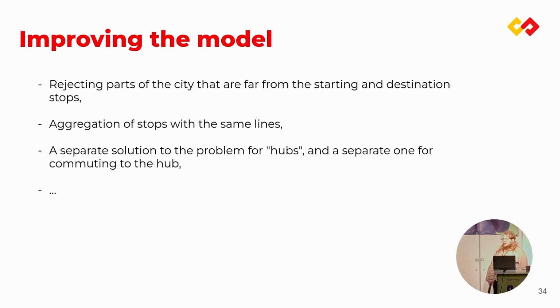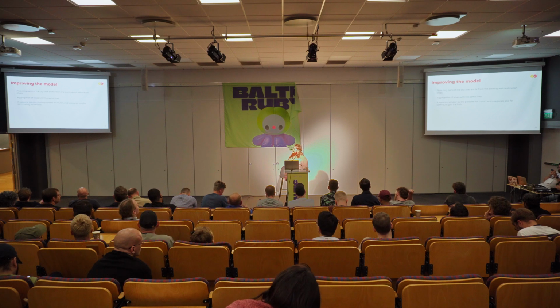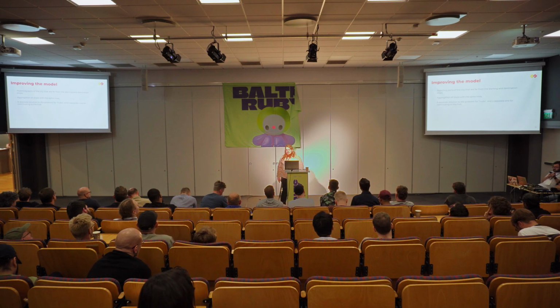So we don't want to travel 30 kilometers if we just want to take another stop that is 1 kilometer from us. We can aggregate some stops if they have all the same lines, so it's not possible to take a transfer, or at least it does not make any sense.